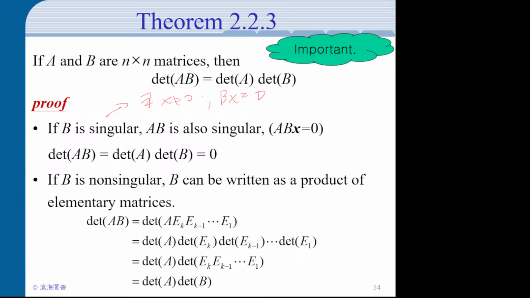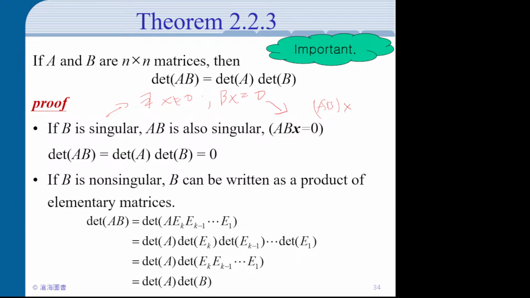Okay, so that's from B singular, and from that, then you can multiply A on both sides. Then you see that ABx equal to 0 for this non-zero x. And then you can group AB together because matrix multiplication is associative.